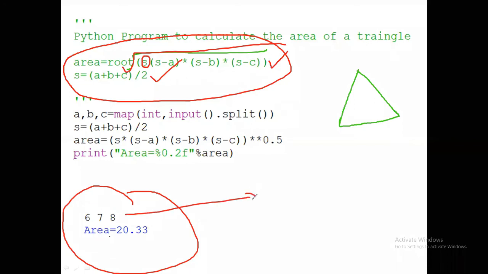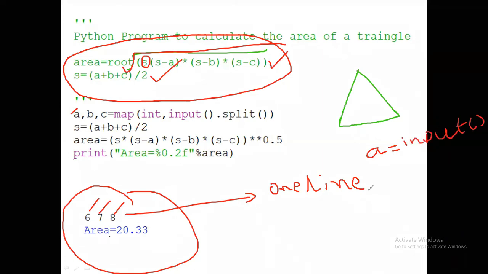Here you are going to read three values, for example, 6, 7, 8, all in one line. After that, you find the area. In our previous classes, we discussed how to read the data in one line for different variables. If it is only one variable, then you write like this: a equals input.